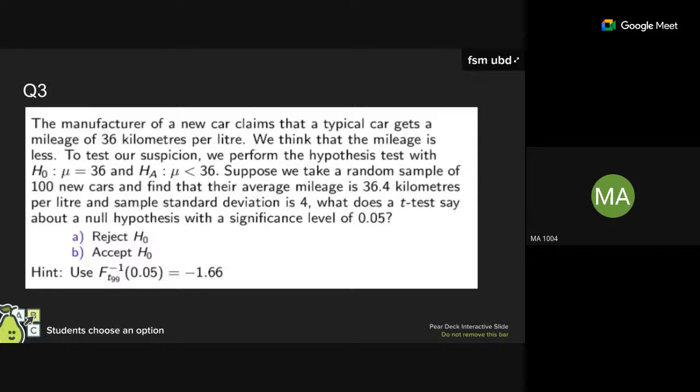What you have to do is bring whatever you have done in week 11 here, and instead of population variance, you just put sample variance. In place of sigma, you have to use S. Whatever we did in question 1 and question 2, you have to follow the same approach and use the hint also. And tell me whether you are going to reject null or accept.